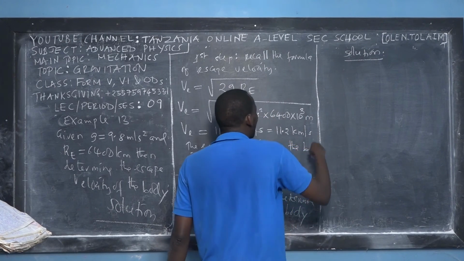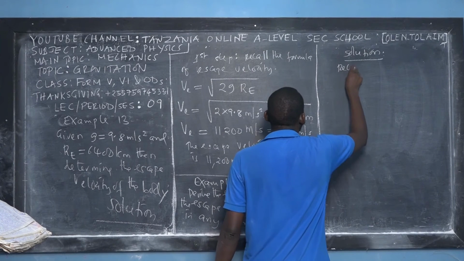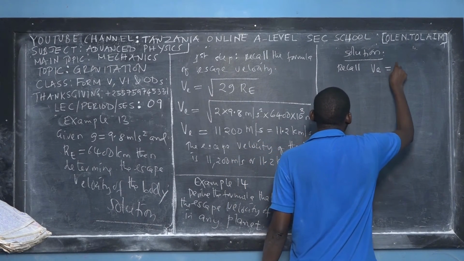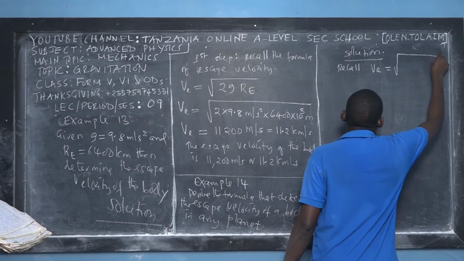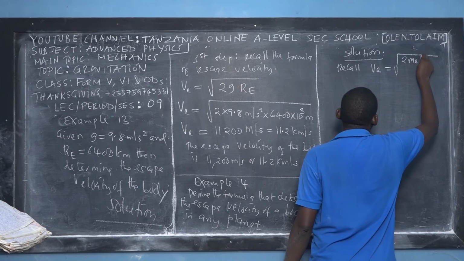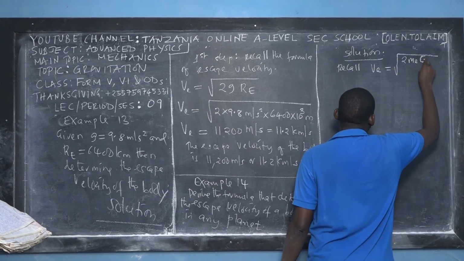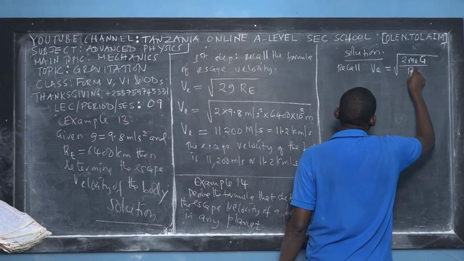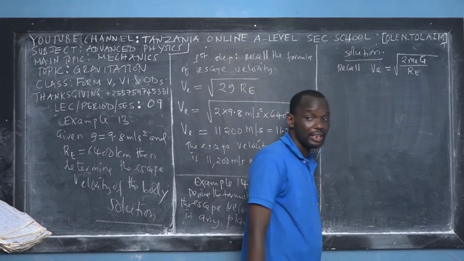We may recall the formula for the escape velocity on the Earth's surface. We say that this is twice the mass of the Earth times the universal gravitational constant over the radius of the Earth. You remember that?